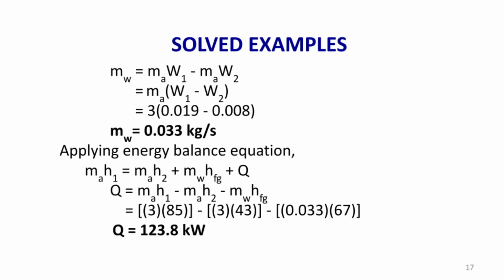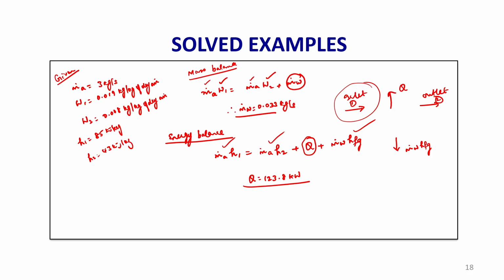Enthalpy is in kilojoule per kg and the mass flow rate of the air and water is in kg per second. So, kilojoule per kg into kg per second, kilogram and kilogram get cancelled and you get kilojoules per second, which is kilowatts.